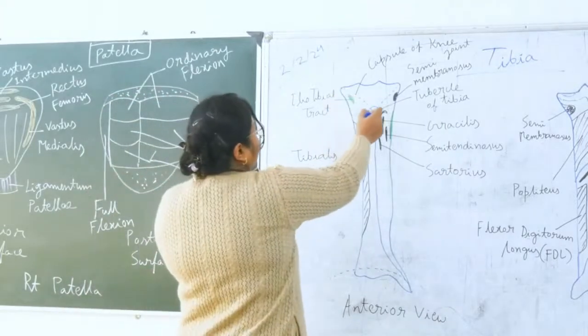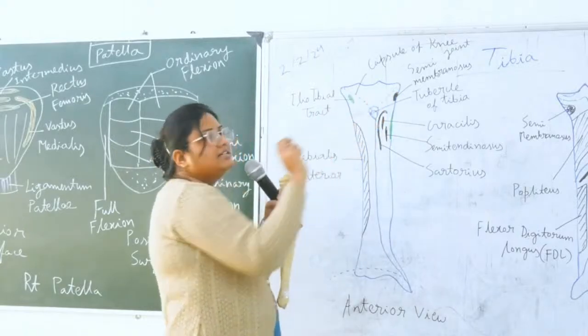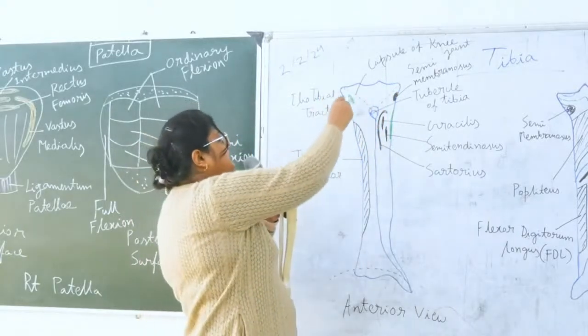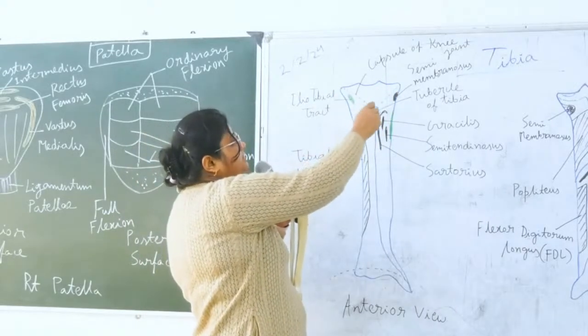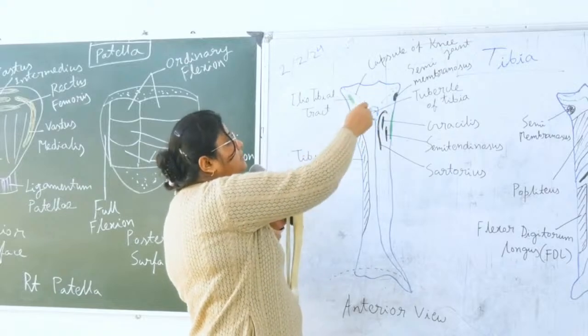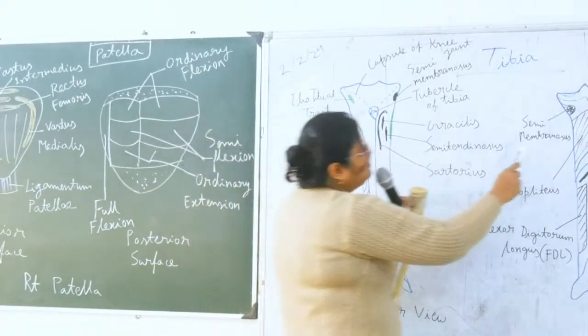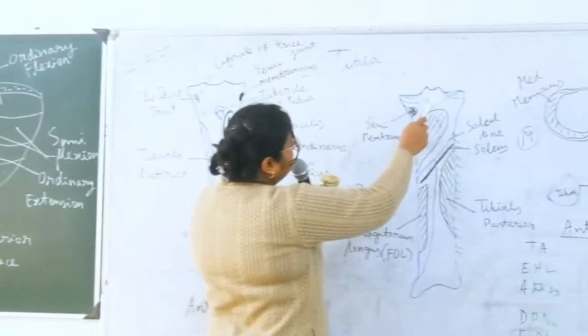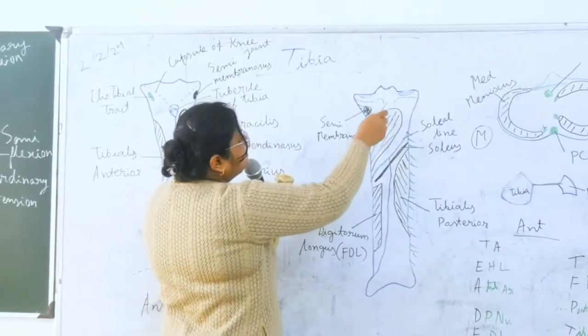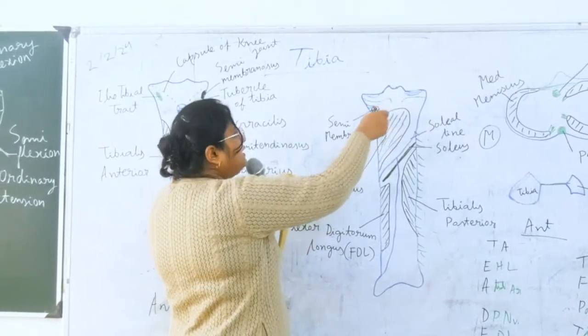Here you can see this dotted line is the attachment of the capsular ligament. It is attached near this, extending downward towards the tibial tuberosity, and posteriorly there is a gap for the passage of the popliteus tendon.